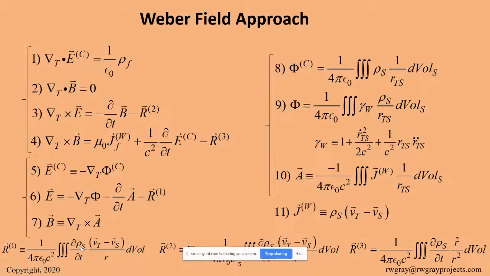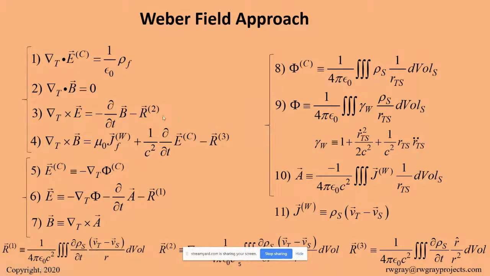For some reason, and this is why I say this approach has highlighted for me what I think are issues with Maxwell's equations, Maxwell's approach doesn't have these time derivatives of the charge density function, whereas Weber's approach does.